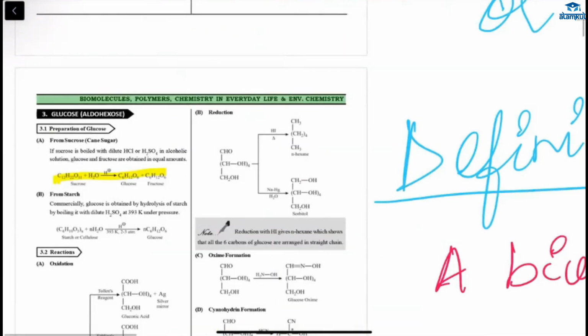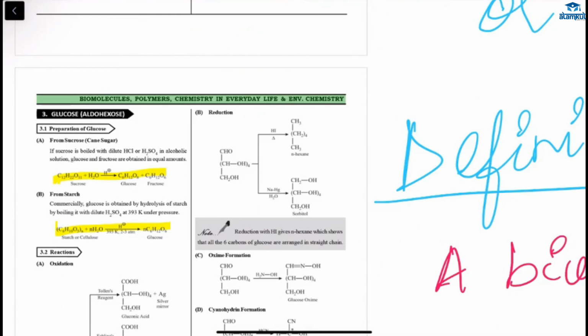This one and this one. The first is from starch and the second is from sucrose or cane sugar. Both things will be formed from sucrose: glucose as well as fructose. So for the preparation of fructose only, this is the reaction, and for the preparation of glucose also, this is the reaction. And second, if we want to make glucose in large or industrial amounts, then we use the hydrolysis method of starch or cellulose.